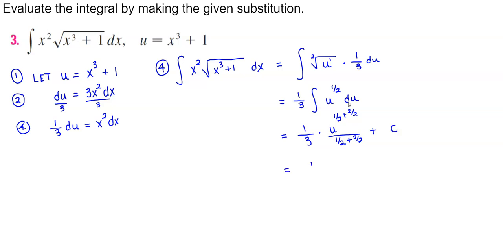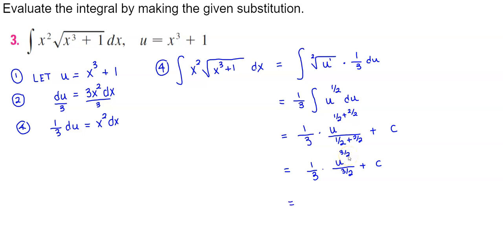So now we're going to take 1/3 times, well, this is u to the 3/2, and then the same thing, 1/2 plus 2 over 2 is 3/2, and that's plus c. Okay, now keep in mind that since this is in the denominator, if we take the reciprocal of that, it's going to now be 2/3 times u to the 3/2.